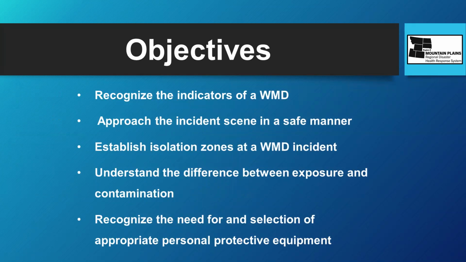One of the most important things is to recognize that, in fact, a WMD event has occurred, and if that is the case, approaching the scene in an appropriate and safe manner. Obviously, isolation zones need to be created, much as you would at any hazardous materials incident. We'll talk about exposure versus contamination, and we'll talk about the need to select and wear the appropriate personal protective equipment.